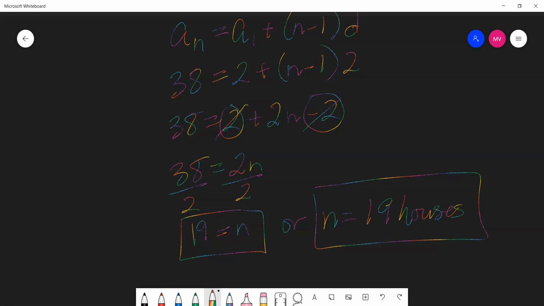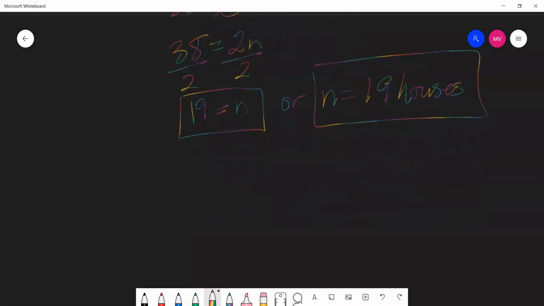Number 39 says the first house number in a block is 13 and the 12th house number is 90. Assuming the numbers form an arithmetic sequence, what is the number of the 4th house? So this gives us different information.